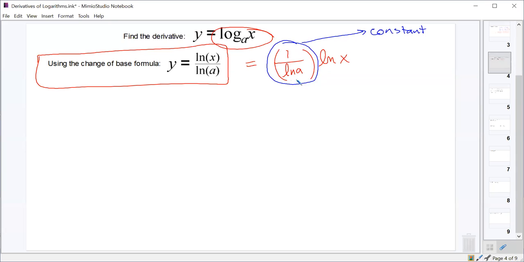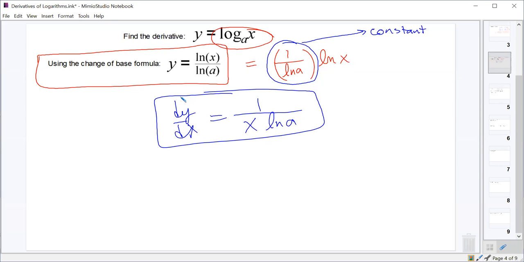So if I have a constant times a function, all I have to do is take that constant and multiply it by the derivative of that function. What's the derivative of natural log of x? It's 1 over x, right? And I need to multiply that by natural log of a.